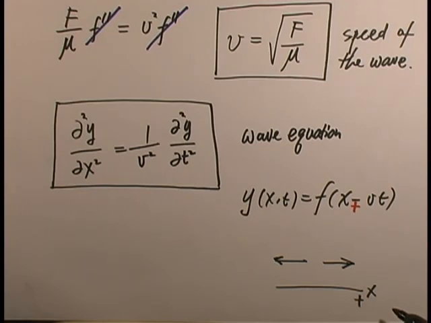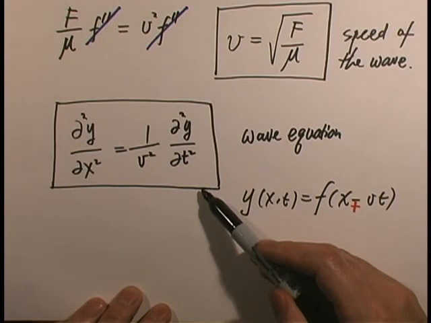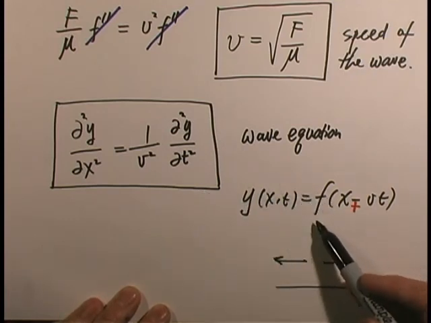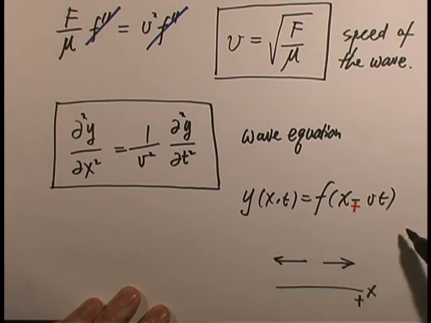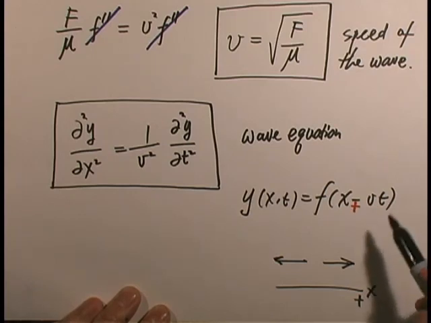So what we have here is a very general wave equation, which you will see in many different types of situations, not just a wave on a string. And you have also a very general solution, which describes a wave that propagates along the string, or actually along any medium. This is a wave that moves.